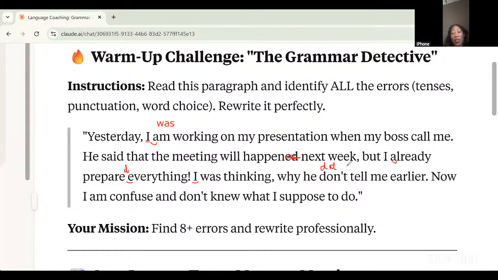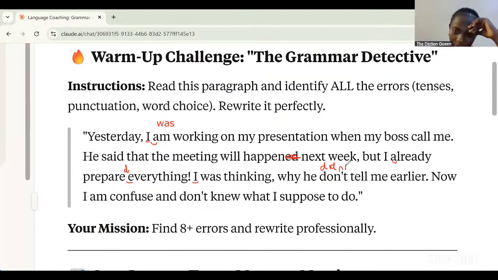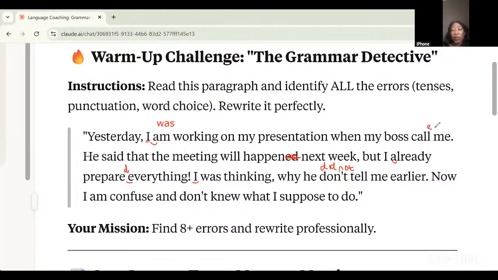Yesterday, I was working on my presentation when my boss called me. He said that the meeting will happen next week, but I already prepared everything.